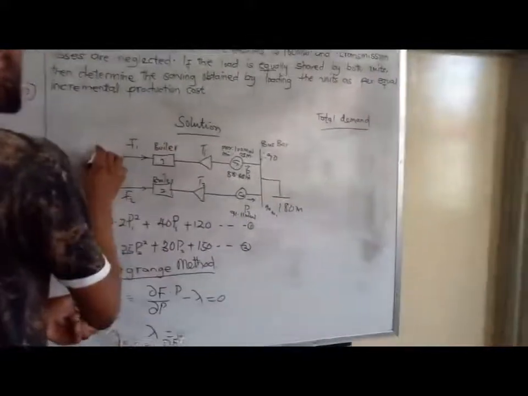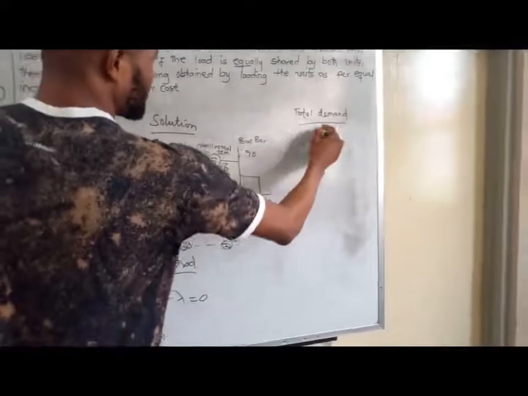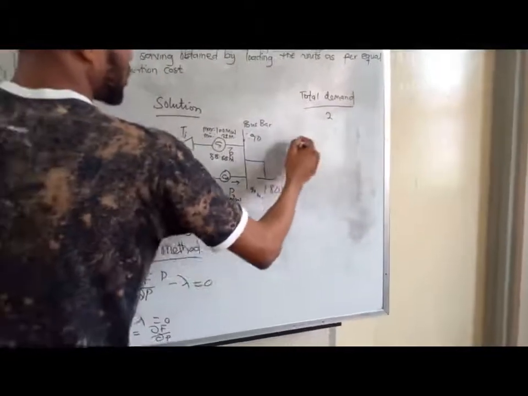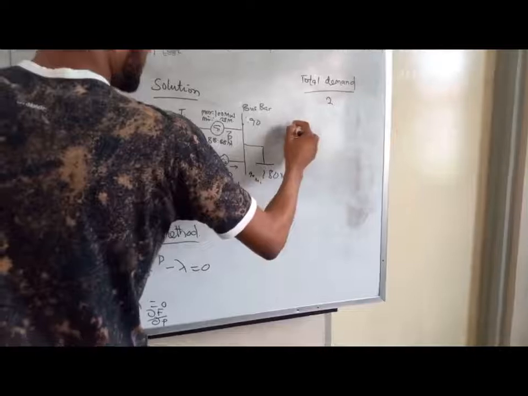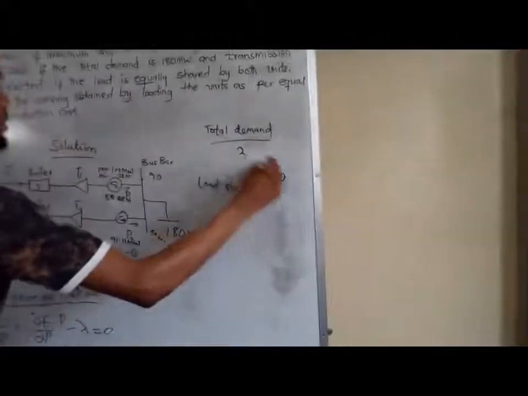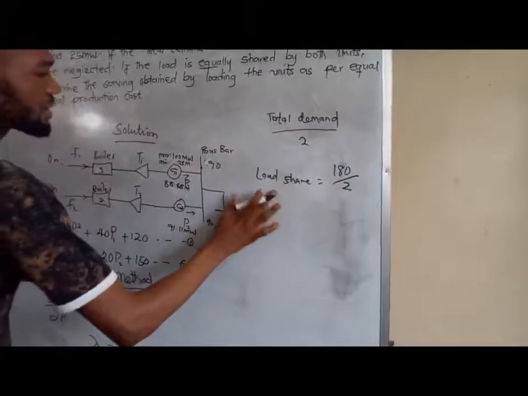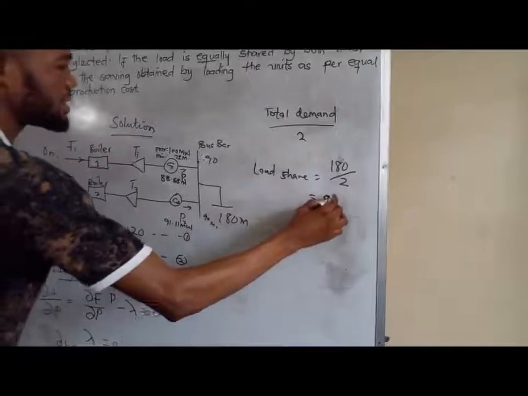Now generator 1 is on, generator 2 is also on, so two generators are working as of now. So the load shared will be 180 divided by 2. So each generator is expected to generate 90 megawatts.